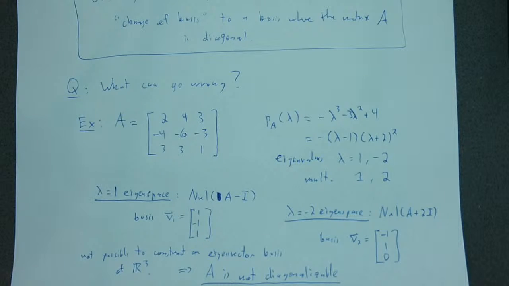And yes, so you would have to go through all of this in order to see that this is the case, unless you were given some additional info, right? So you can come up with contrived examples where you know what the dimension of certain eigenspaces are, and this can nail down whether or not the thing is diagonalizable. So there are some examples of this in the exercises.